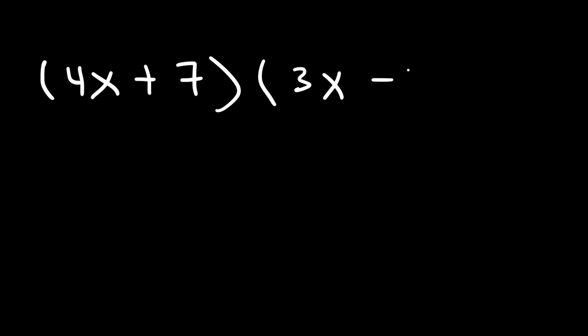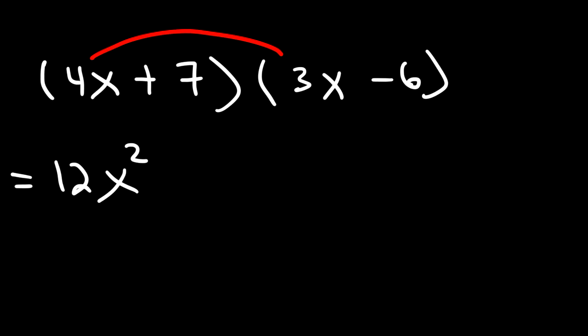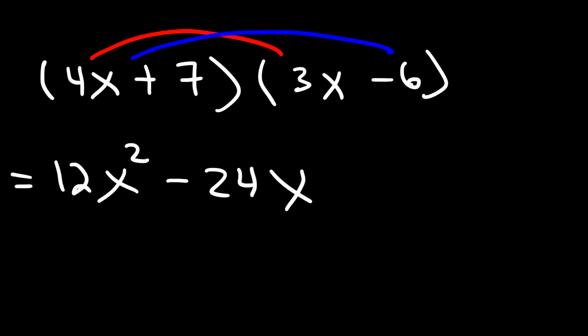Let's try another example. So let's multiply 4x plus 7 by 3x minus 6. So go ahead and pause the video and try that problem. So 4x times 3x, that's going to be 12x squared. And then we have 4x times negative 6, which is negative 24x.